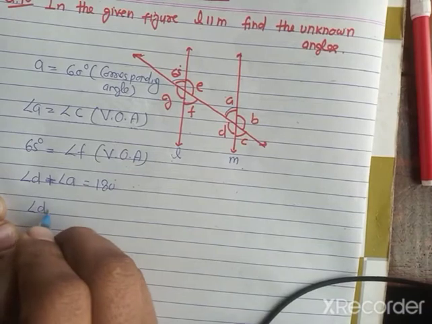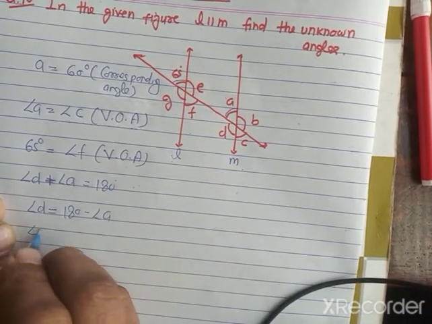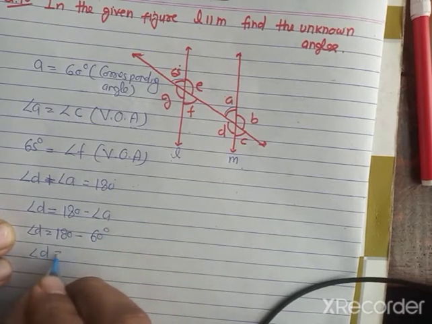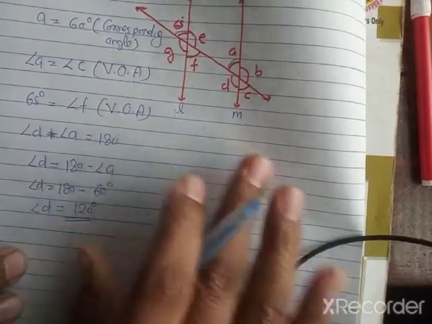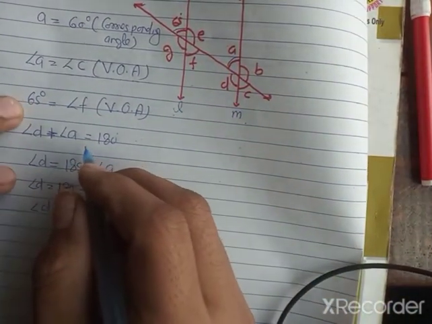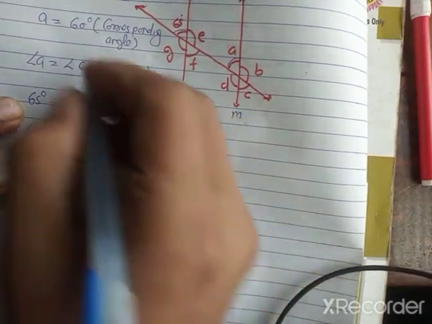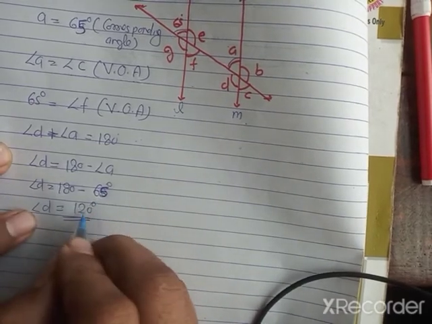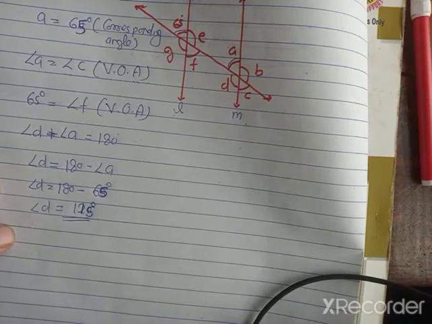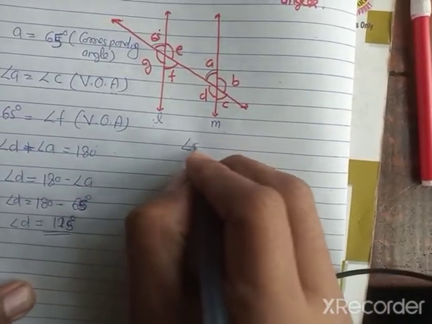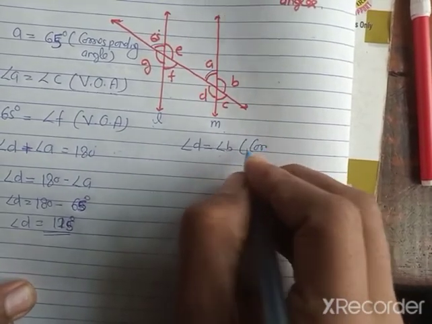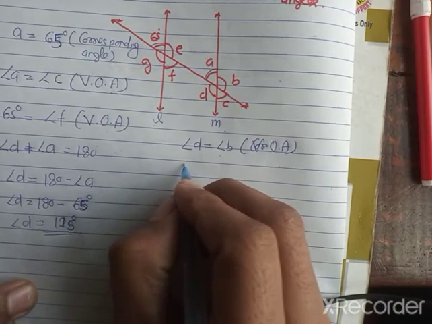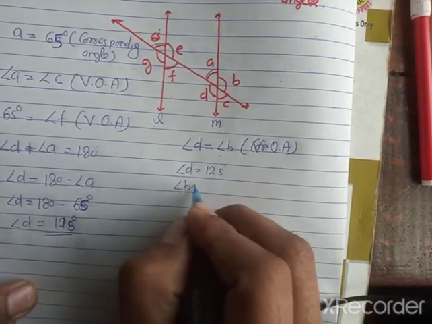So angle D is equal to 180 minus angle A. Angle A is 65 degrees, because the question gives 65, not 60 degrees. Then angle D is equal to angle B by vertically opposite angles. Angle B is also the same as angle D.